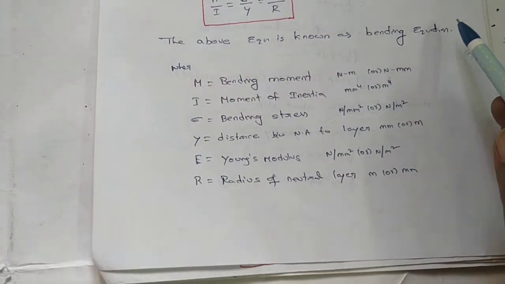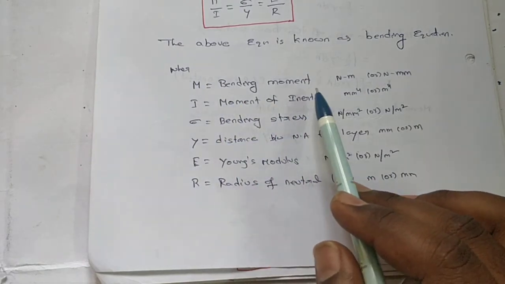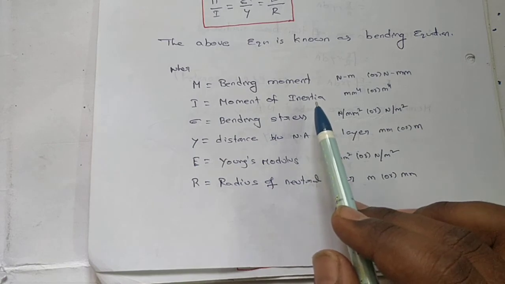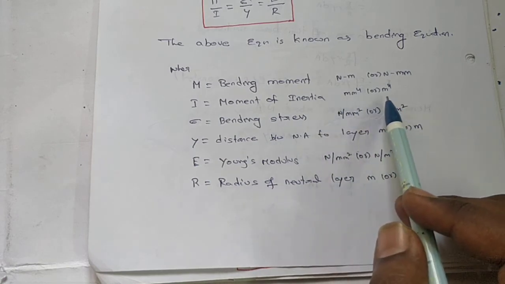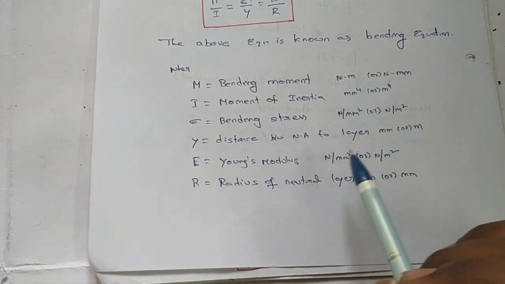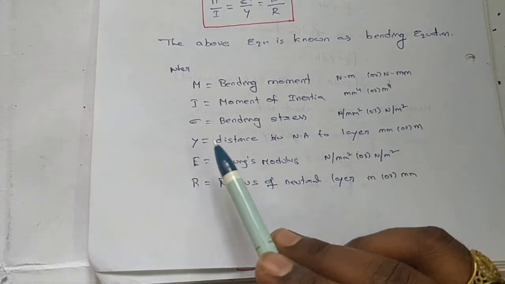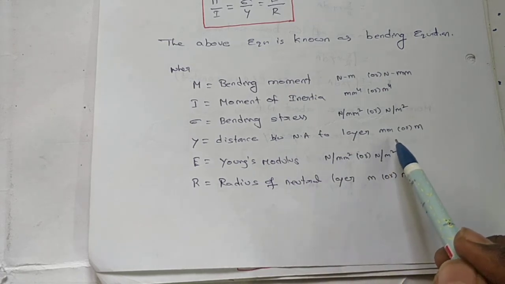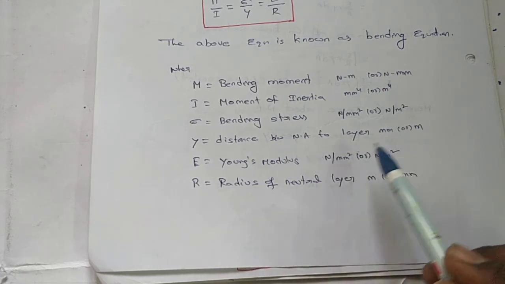In that equation, M is the bending moment, in Newton meter or Newton mm. I is the moment of inertia, in mm power 4 or meter power 4. Sigma is the bending stress, in Newton per millimeter square or Newton per meter square. Y is the distance between the neutral axis and the layer, in millimeter.